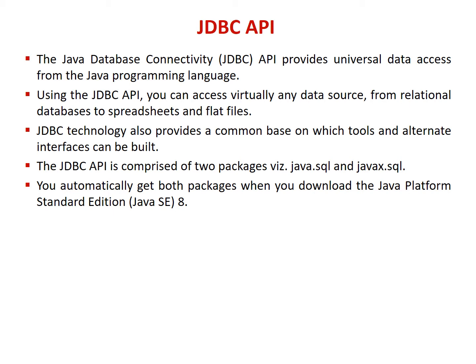The JDBC API is comprised of two packages, namely java.sql and javax.sql. You automatically get both packages when you download the Java Platform Standard Edition, that is Java SE 8.